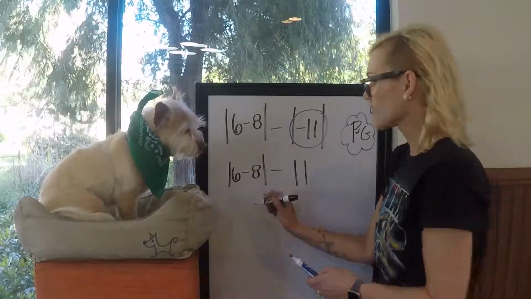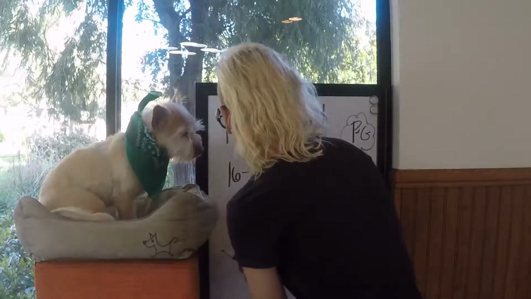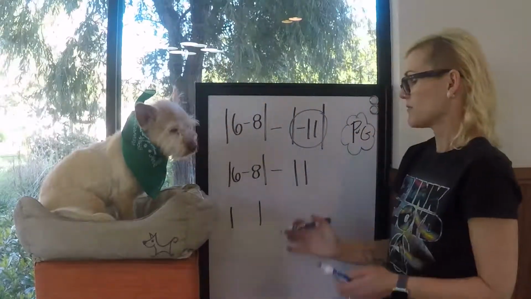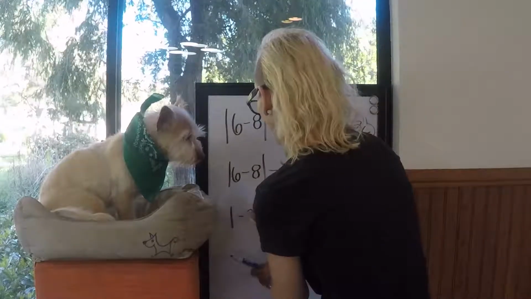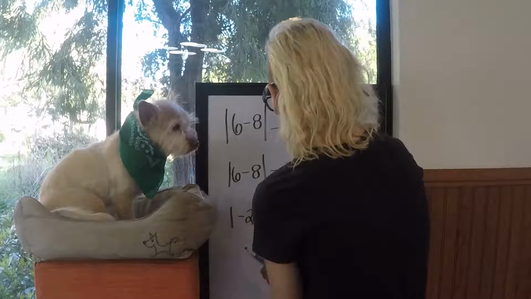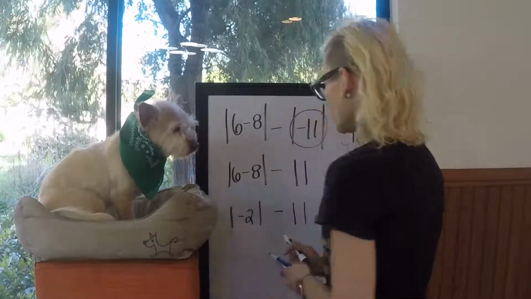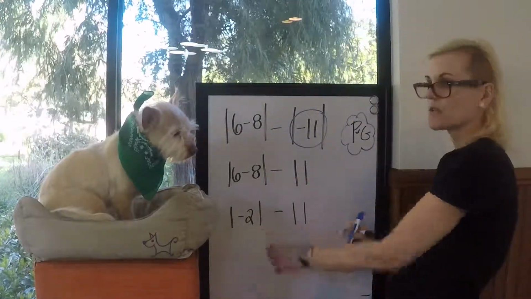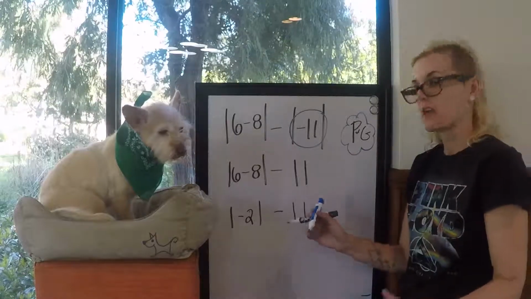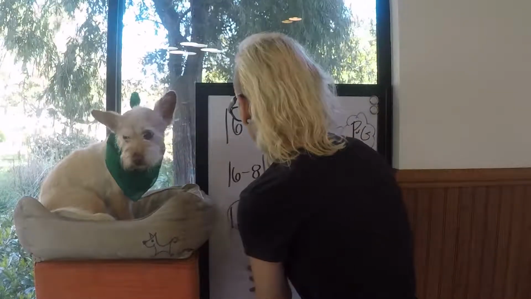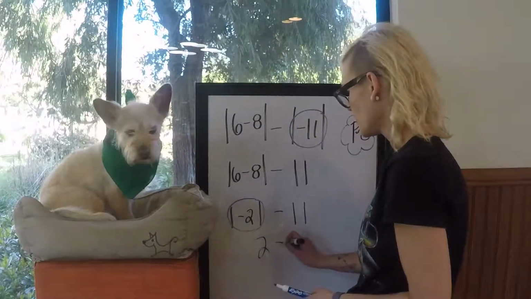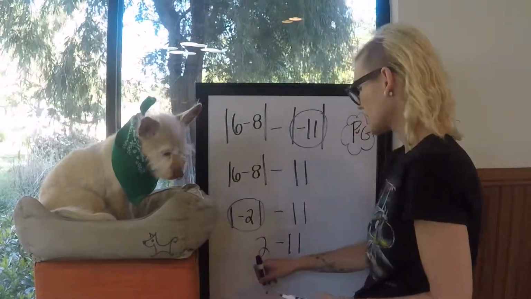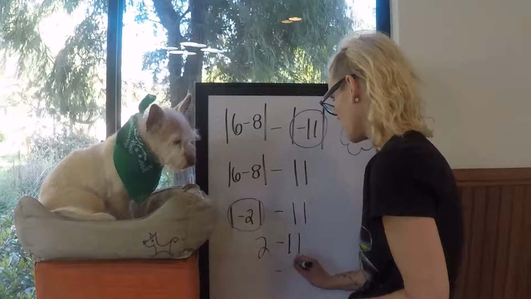Over here, I've got to simplify what's inside those absolute value bars. 6 minus 8 is negative 2. Bring down everything. Now, because there's one number inside the absolute value bars, I can take it. The absolute value of negative 2 is 2. 2 minus 11 is negative 9.